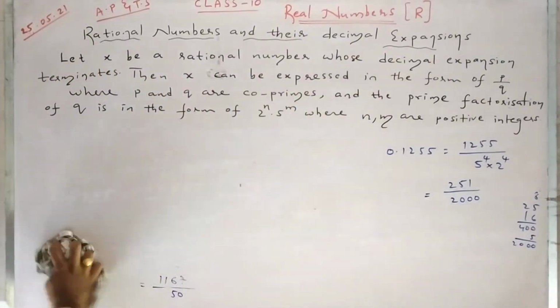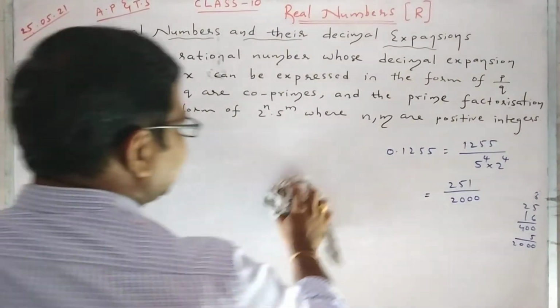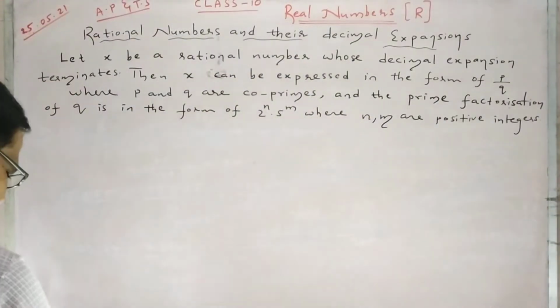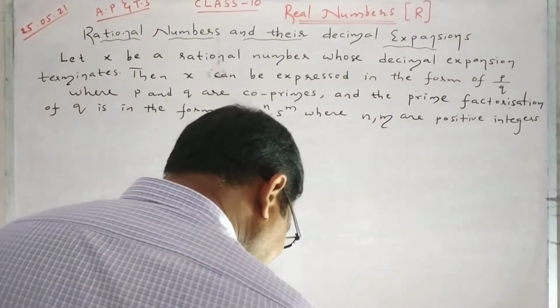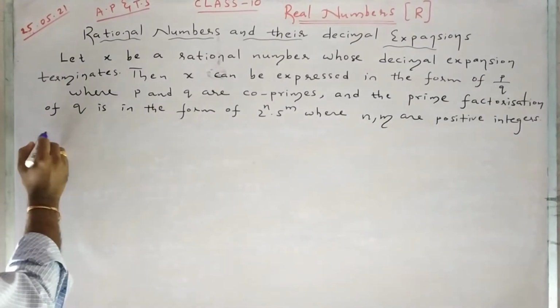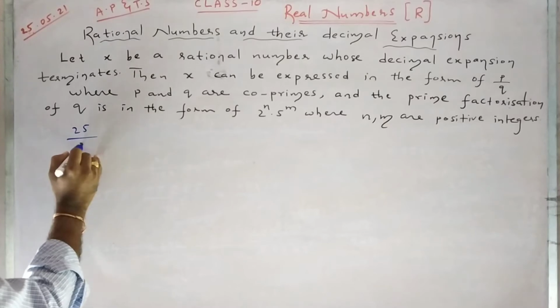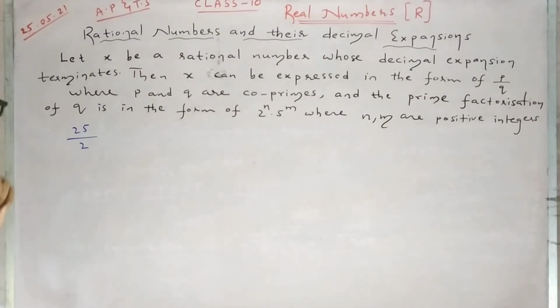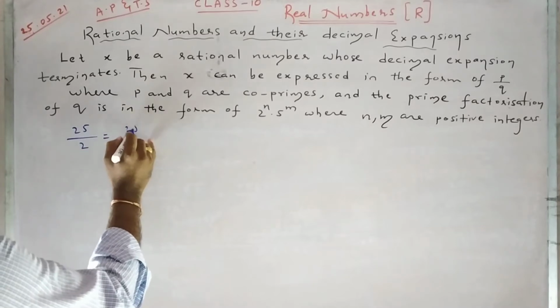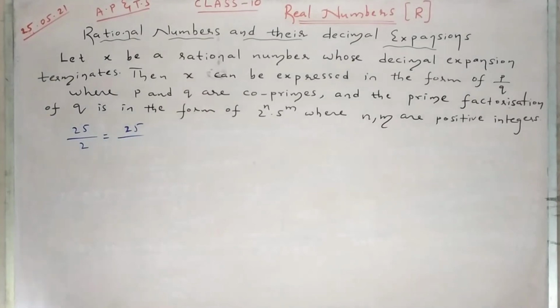So a rational number, whether it is terminating decimal or non-terminating recurring decimal, we can decide by seeing. Okay. For example, take 25 by 2. Surely it is a terminating decimal. How do we know that?